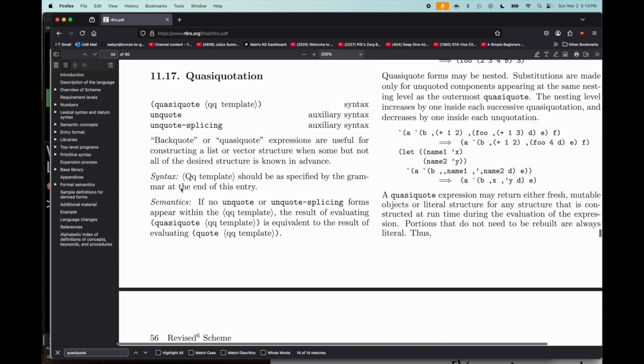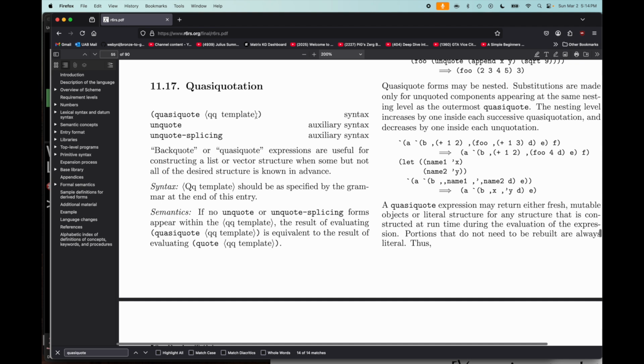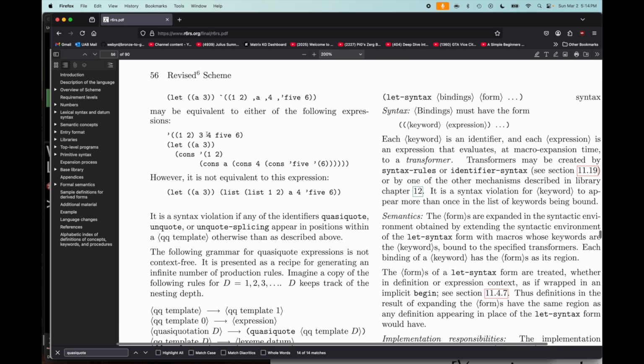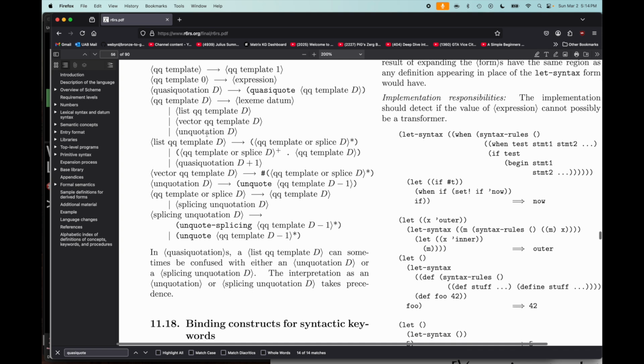Now, I'm a little confused, though, because it looks like quasiquote can only take one thing. Okay, so yes, there's a template, but you notice there's not a ... there. And I don't see anything here in the template about having multiple things.